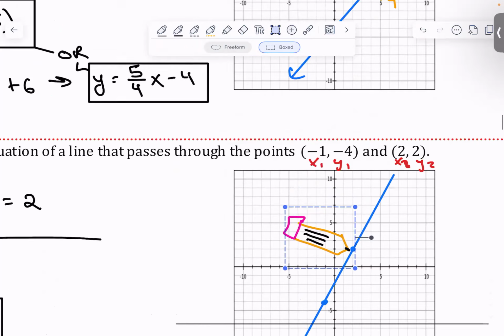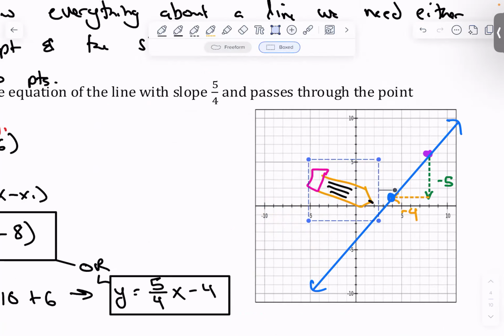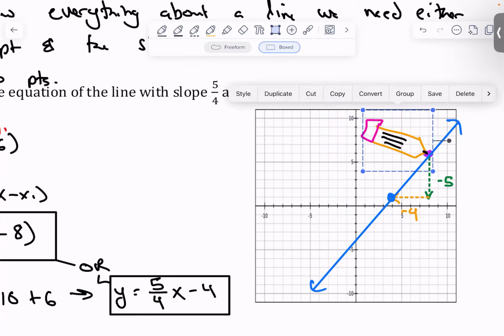But sometimes, like on the previous example, it gave us the slope instead. So what you can do is plot the point, and then with the cursor go up 5. So 1, 2, 3, 4, 5. Then over 1, 2, 3, 4, and you'll plot that point. That's how it works.